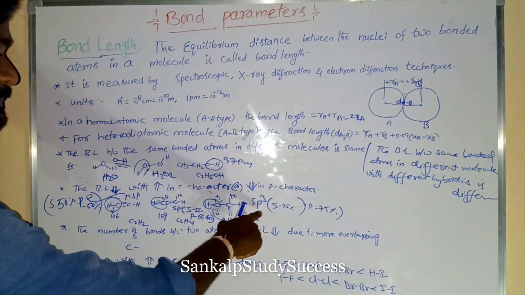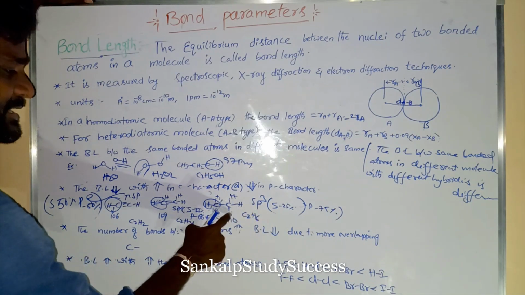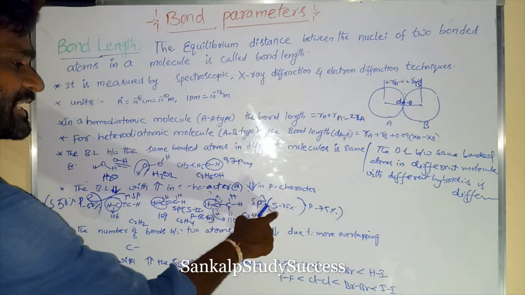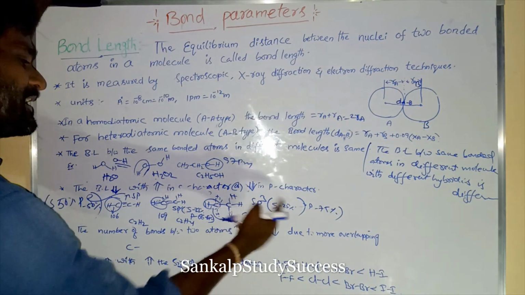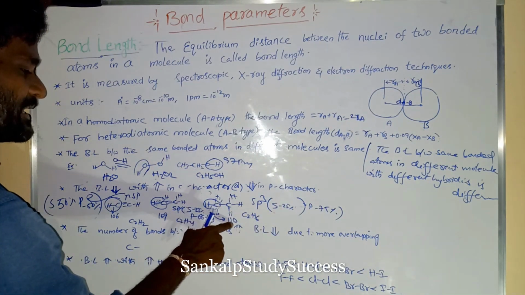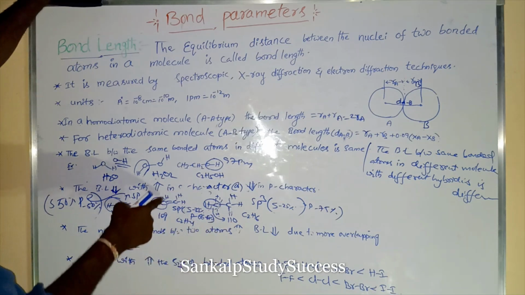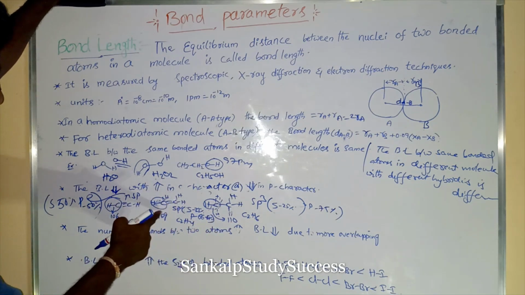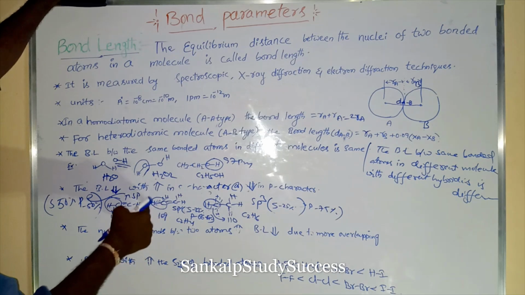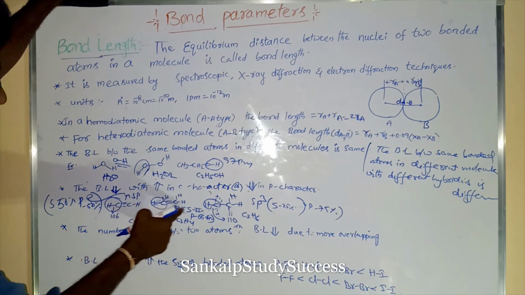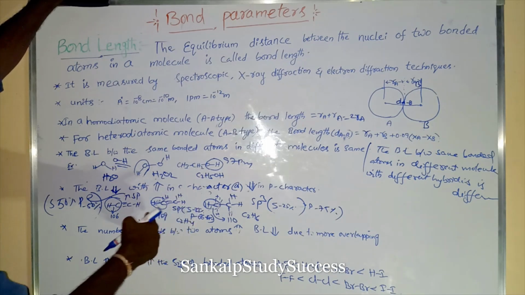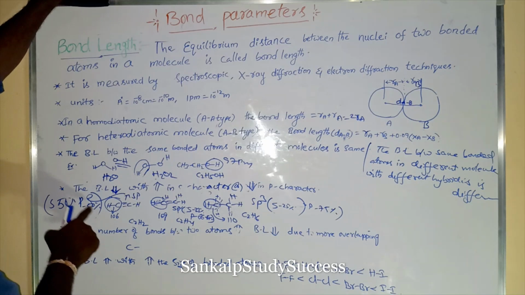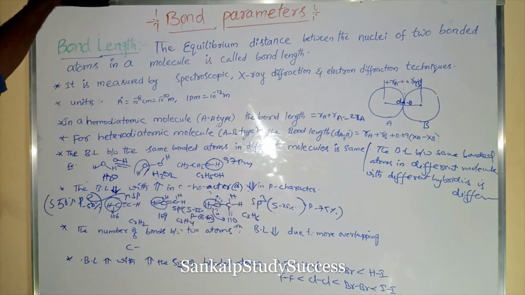But in sp3 hybridization like ethane, the S character is only 25, very less, so its bond length is high, 110. Now in ethene, the S character is 33%, so its bond length lies between acetylene and ethane.